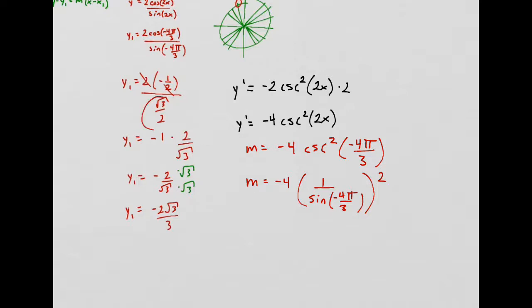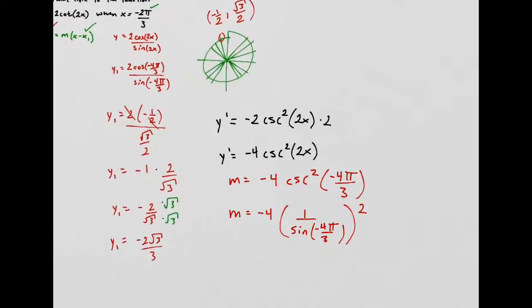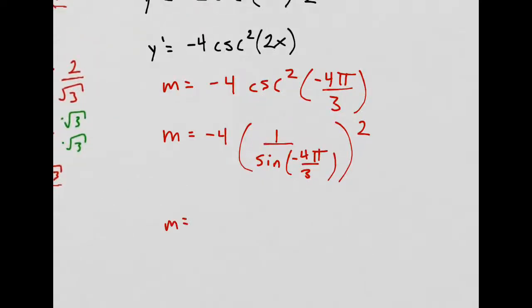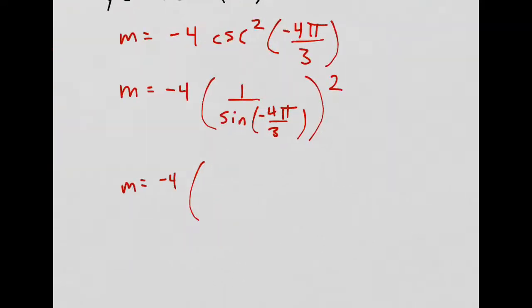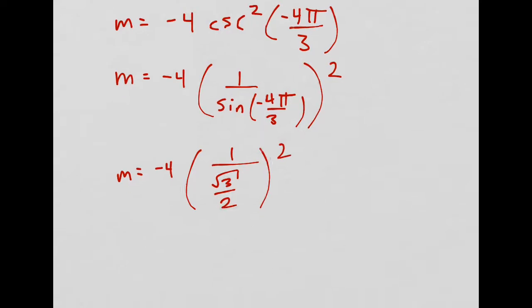And we already did sine of negative 4 pi over 3. That was root 3 over 2, but I'm squaring it. So m is negative 4 times 1 over root 3 over 2, and I'm squaring it.